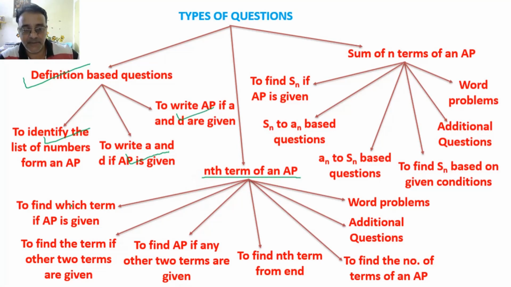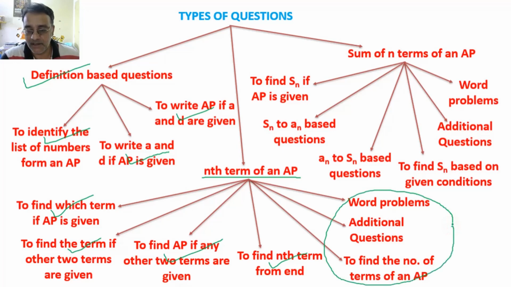Nth term of an AP, to find which term, or to find the AP if any 2 terms are given, or to find the nth term, this also we have seen. So only this type of questions are left, and we will see some more questions also, and some of n terms we will start today.